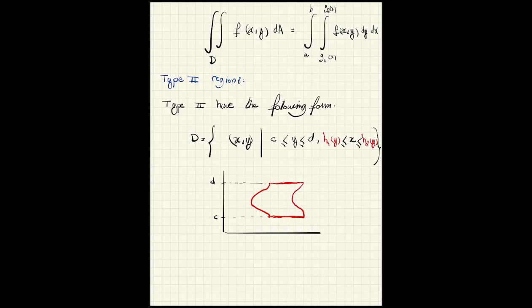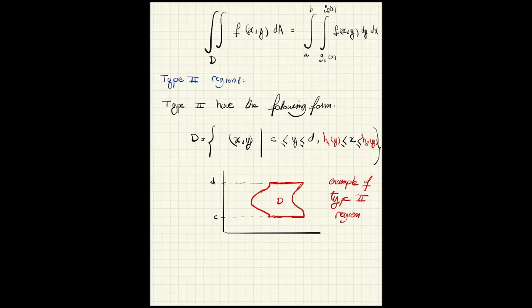So that's a region of type 2. That's the example. And again, we always assume that these functions h1 and h2 are smooth, continuous, so that there's nothing really pathological with the region D.